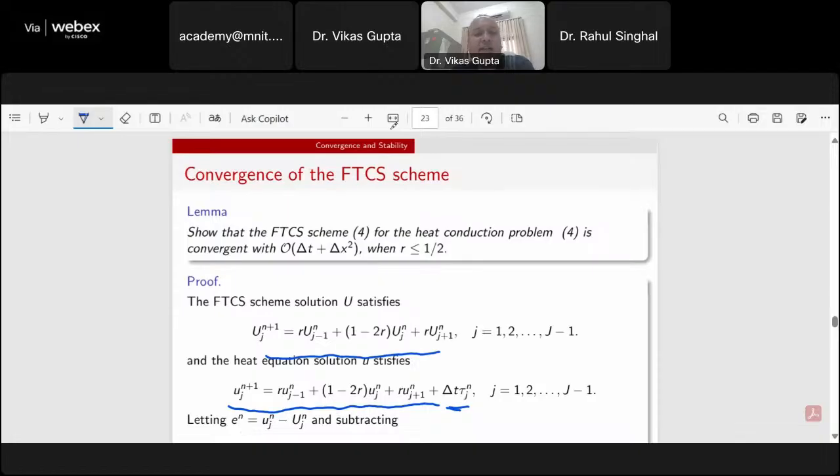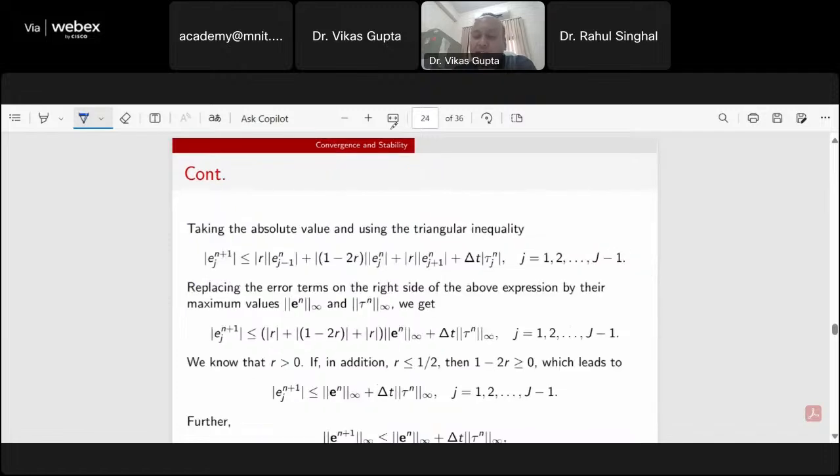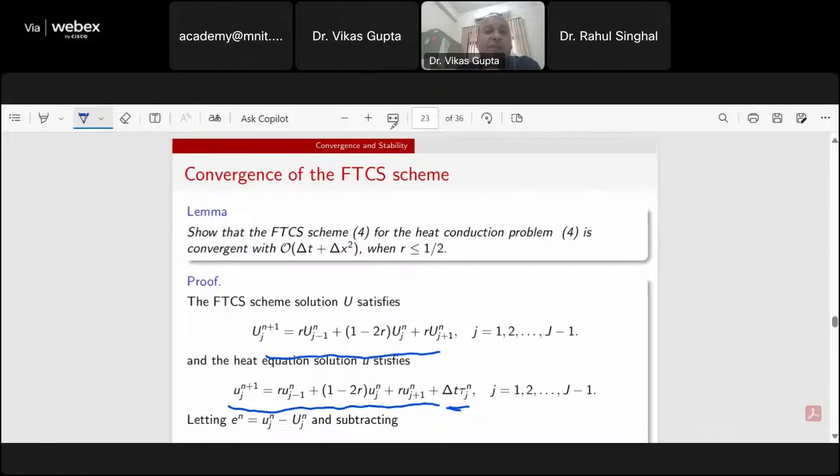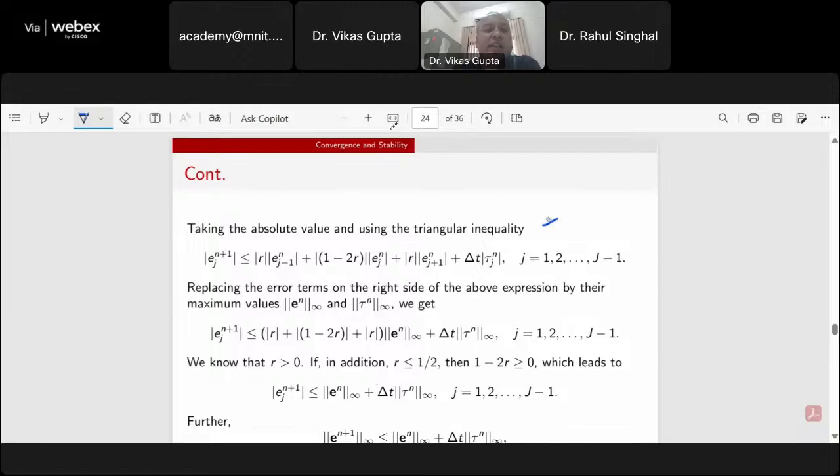So if we define the error by taking the difference between the continuous solution and the finite difference solution at the point (x_j, t_n), and denote it by e^n, we are getting this. Subtracting the first equation from the second equation, then taking the absolute value of both sides and using the triangle inequality, we can get this kind of relationship between the error terms at the n plus 1 time level and the n time level. Am I right?